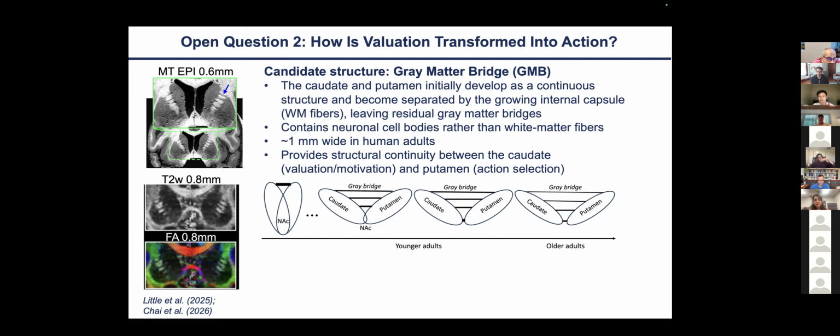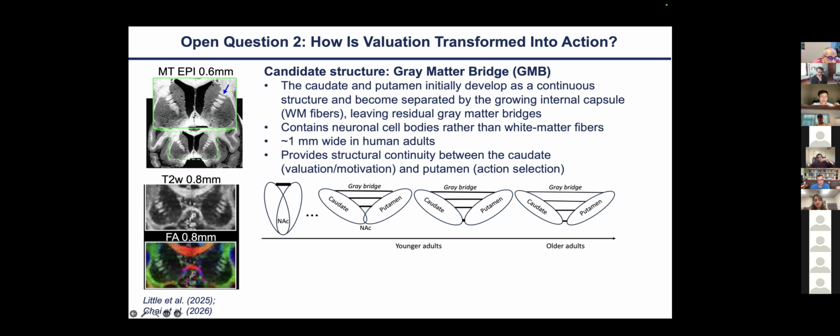But with development, they become separated by the growing internal capsule, which is white matter fibers. The two structures gradually separate, but there is still some residual gray matter bridge connecting them.